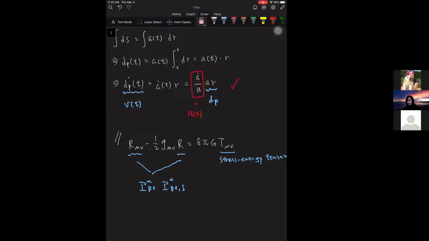And the Christoffel symbol is composed of the metric tensor, the spacetime metric, and the derivative of the spacetime metric.